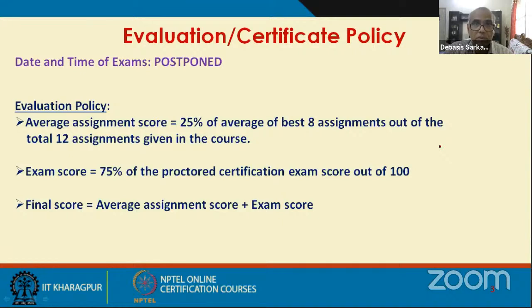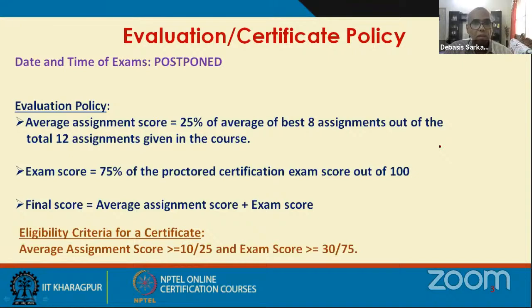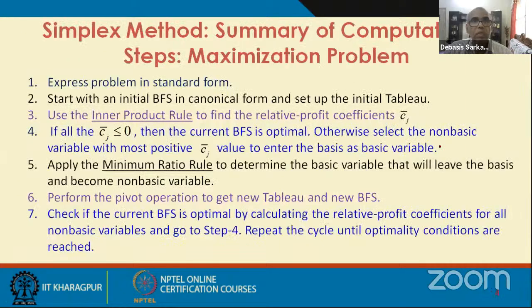Average assignment score is based on your 8 assignments, 25% of that will be taken, and exam score is 75% of the exam score out of 100. To be eligible for a certificate, you must obtain 10 out of 25 in the average assignment score and 30 out of 75 in the exam score.